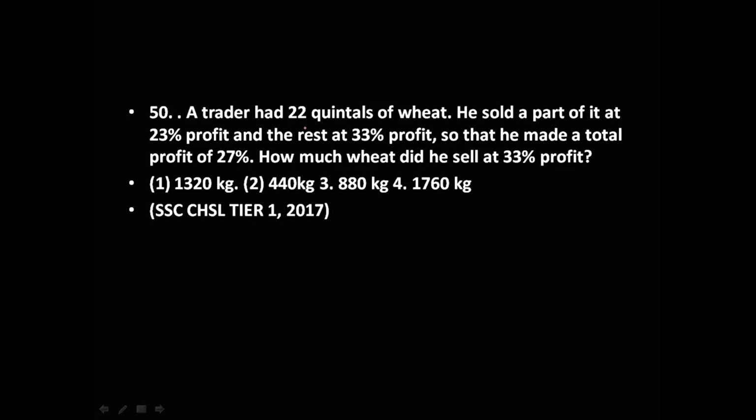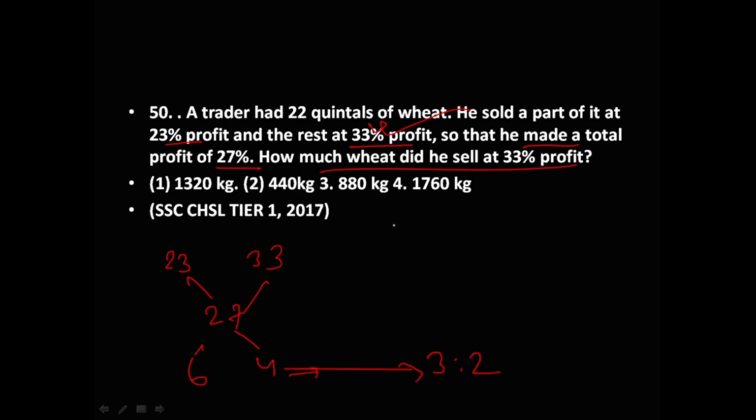A trader had 22 quintals of wheat. He sold a part of it at 23% profit and the rest at 33% profit. He made a total profit of 27%. How much did he sell at 33% profit? So the first part is at 23% profit, the second at 33% profit. The net profit was 27. It's a simple alligation. So it's 6 and it's 4. Clear? So it is 3:2.